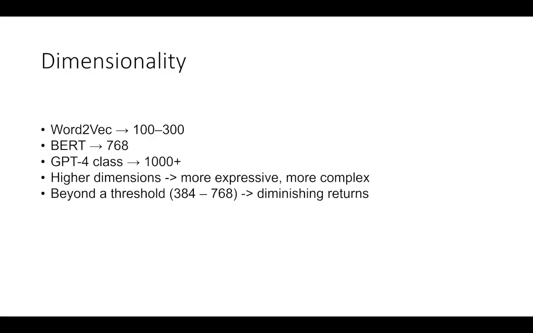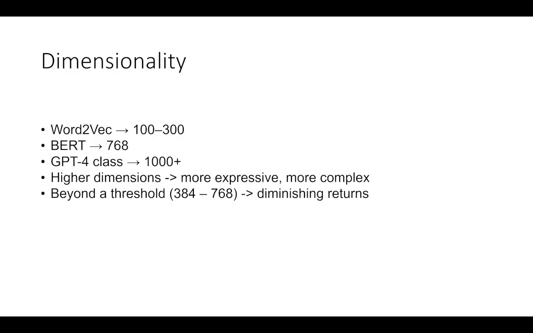So it's not very easy to represent these words like what we drew on a two-dimensional plane, but it will be like a hyperspace of 200 dimensions if there were to be 200 dimensions for these vectors. Another algorithm has much higher, 768 dimensions. Now all these LLMs, GPT-4 class, have 1000 plus dimensions.